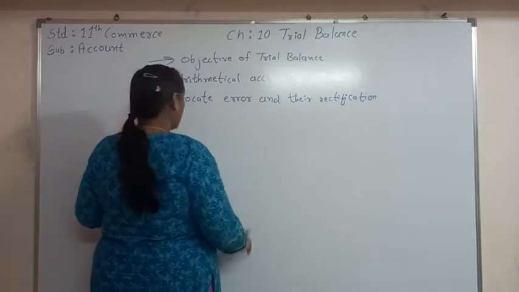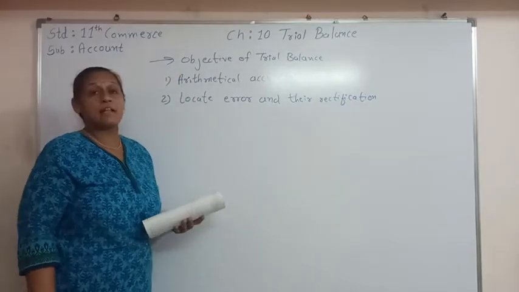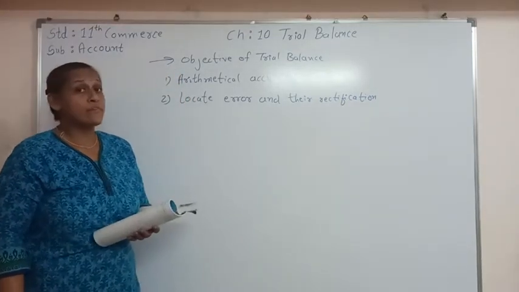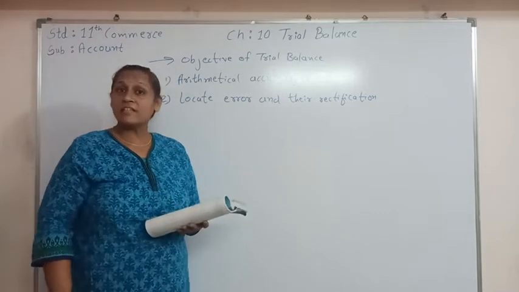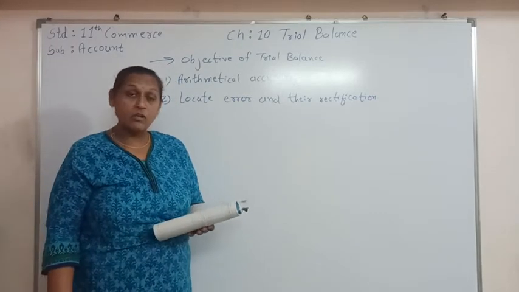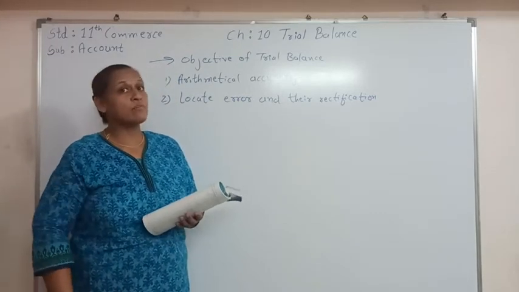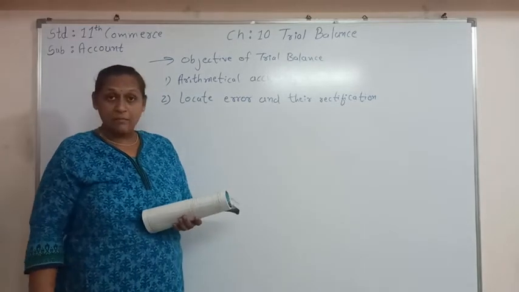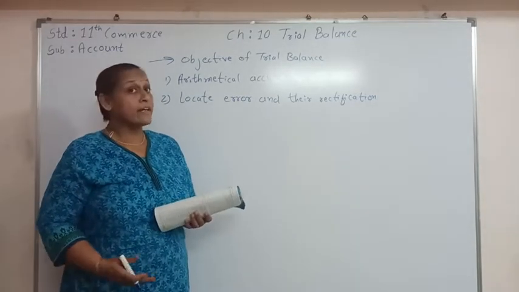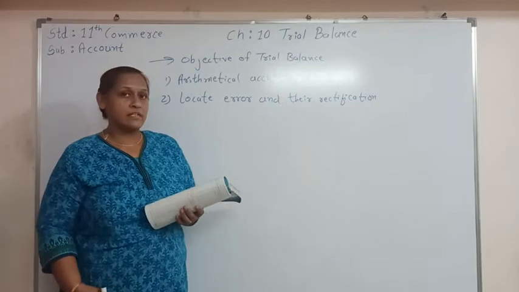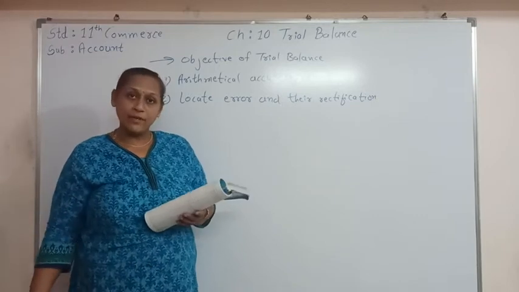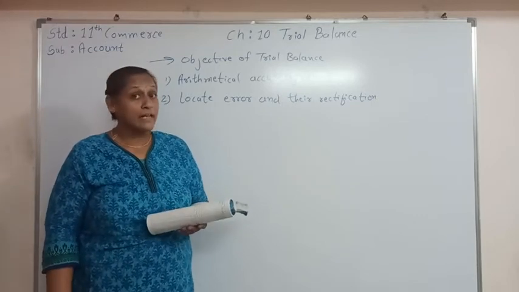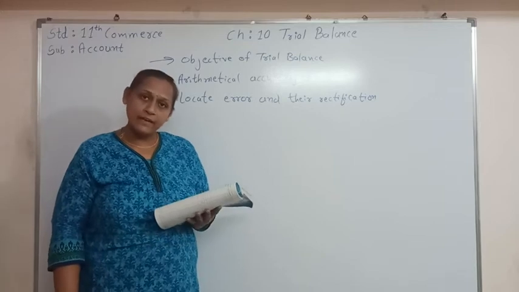Here, from the trial balance, we can come to know if any error has been made in writing the books of account. That can be caught from the trial balance, and we can rectify that mistake before we prepare the final account. So for that also the trial balance is very important.